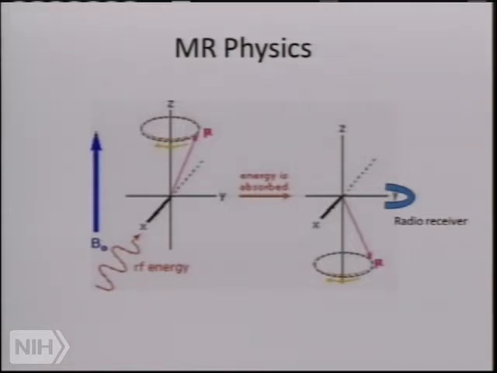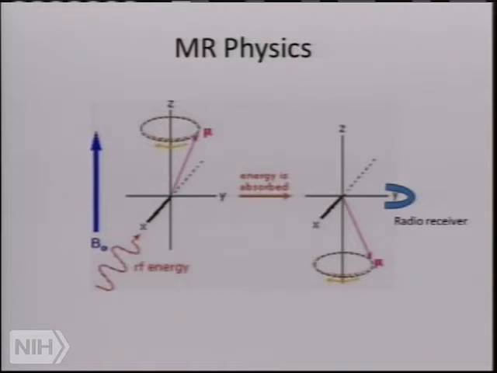Now, another thing they do, besides aligning, is they precess around the direction of the magnetic field. Very much the way the Earth rotates around its magnetic axis, these little protons also precess around the magnetic field that's applied. And they revolve at a very characteristic frequency called the Larmor frequency, or the resonant frequency.